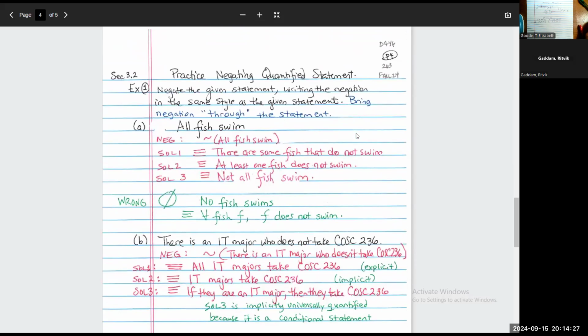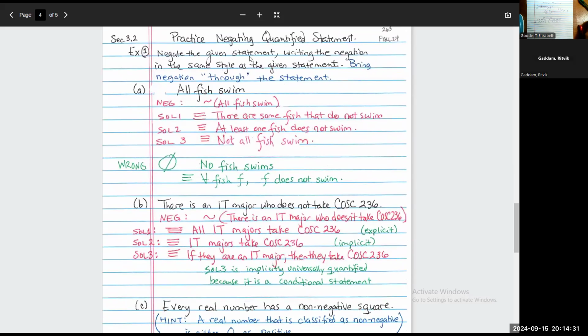If you look at all these examples, for example, negate the given statement. The first statement was all fish swim. So in the negation, if it's not true that all fish swim, then look at these different solutions. There are some fish that don't swim, or at least one fish does not swim.